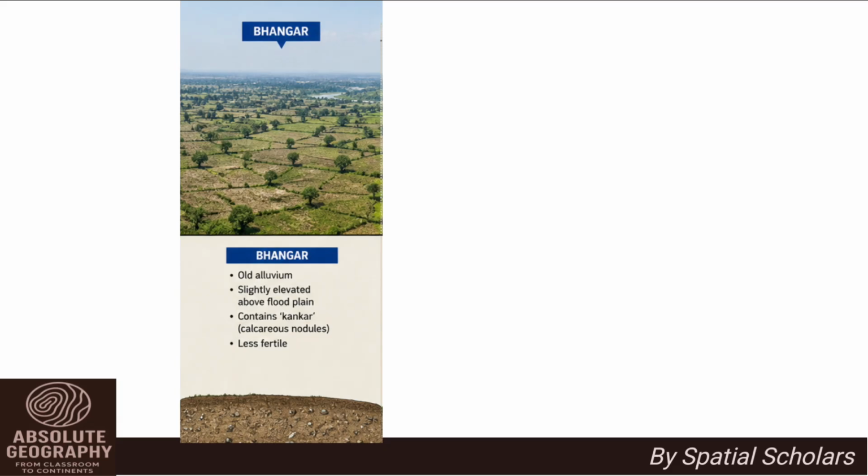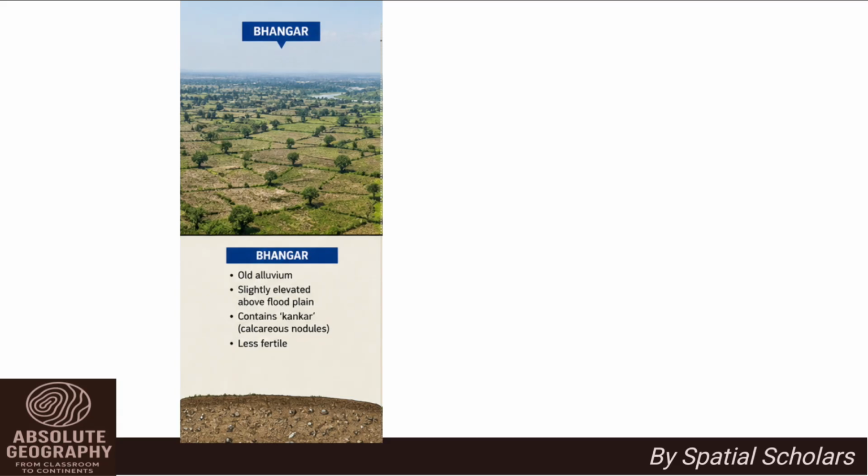Moving on to Bhangar, it refers to the older alluvial deposits of the northern plains. It is found on slightly elevated uplands above the floodplains. A floodplain is a low-lying area along a river that gets flooded during the rainy season and receives fresh deposits of sediments almost every year.